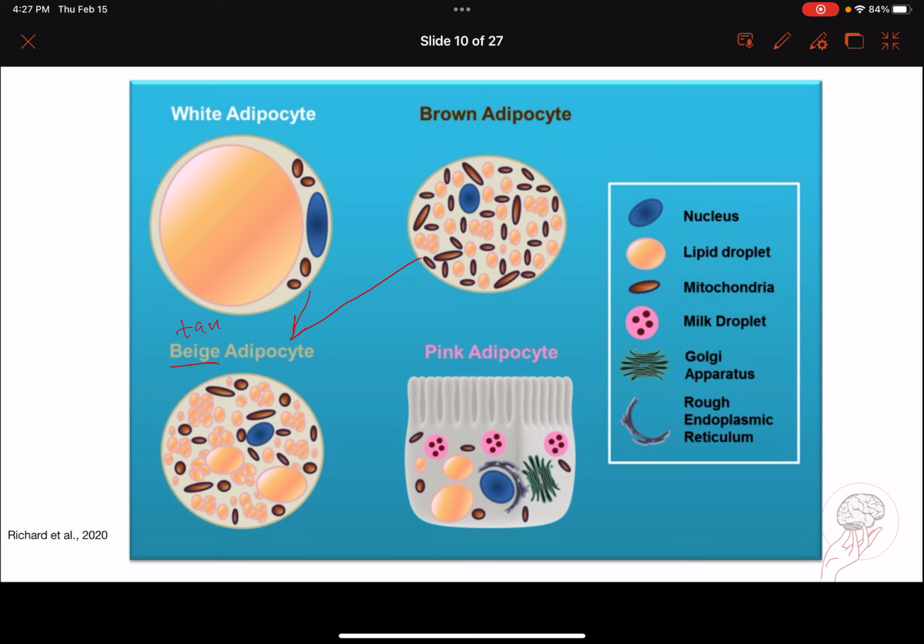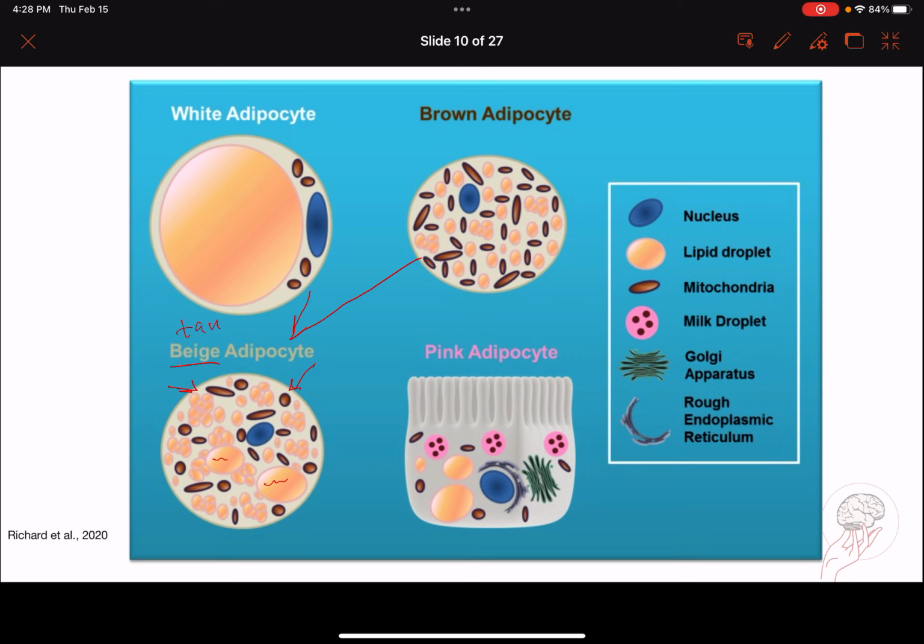You can see they have some larger fat droplets. They have some small fat droplets. They have more mitochondria than a white adipocyte, less mitochondria than a brown adipocyte. And so, similarly, they are kind of in between a white and brown adipocyte in terms of metabolic activity.